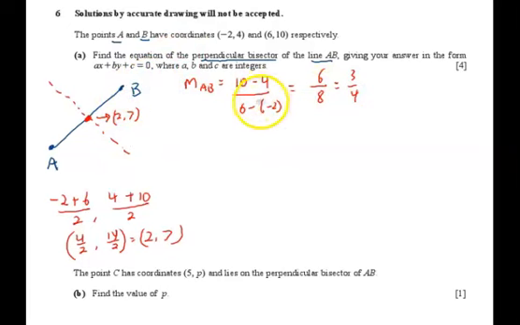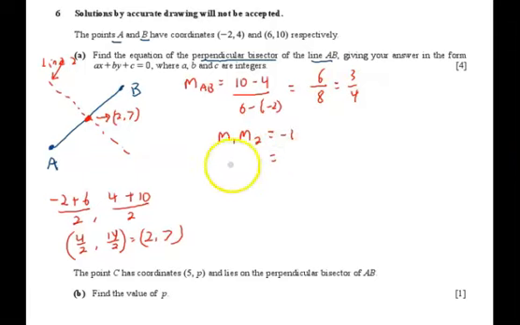Now if you're going to find the gradient for this perpendicular line CD, let us just put here line 2. We have to use m1 multiplied with m2 equals negative 1.